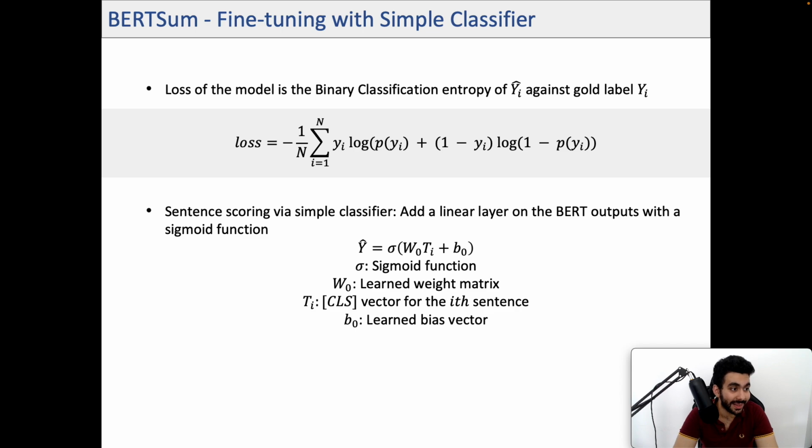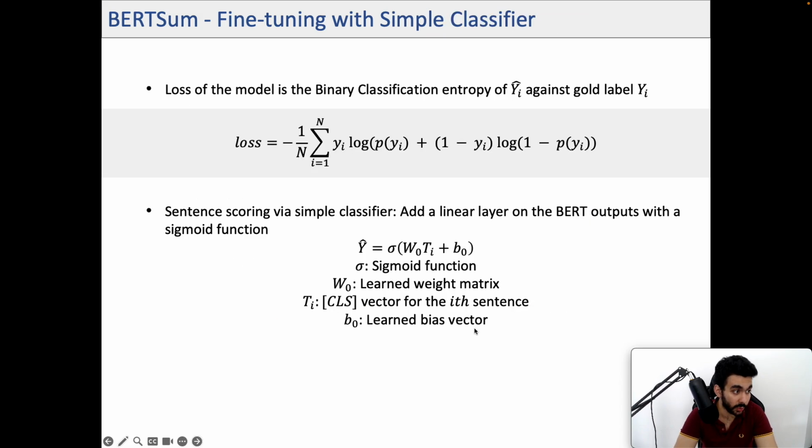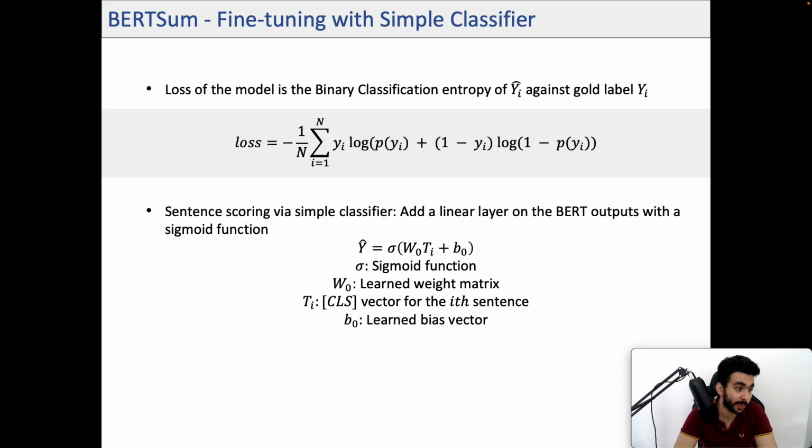The first approach they did is sentence scoring via a simple classifier. So they added a simple classifier, and they fine-tuned it towards getting in the end the Y's representing whether the sentences were important or not.